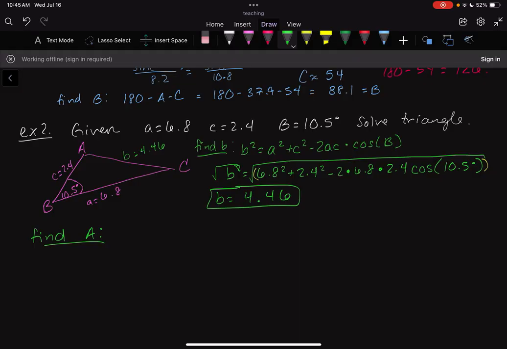For A, I'm going to have to use the one that starts with A squared. So I'm going to write that out. And I'm looking for angle A, so I am going to have to solve this for angle A. I'm just going to write the result because I have solved this one a few times now.